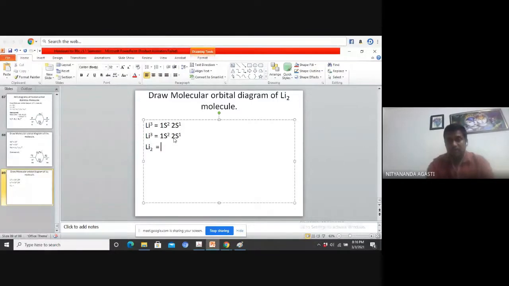Now you should look at the rules I'm going to explain. Atomic orbitals of two different atoms having similar energy and similar symmetry. Look at this. These are the atomic orbitals of two different lithium atoms. Second part, atomic orbitals of similar energy and similar symmetry. Now I will first pick up this one, 1s. The 1s atomic orbital of one lithium will combine with which orbital of the other lithium?